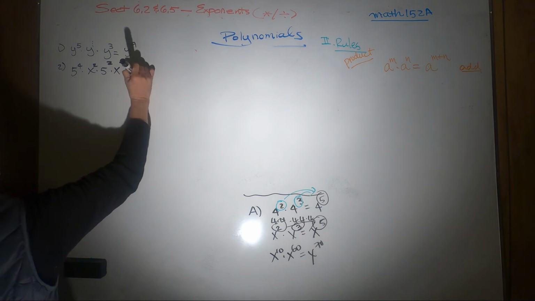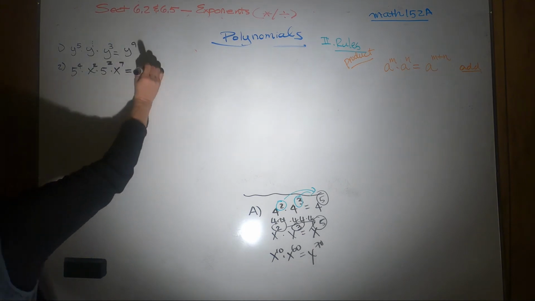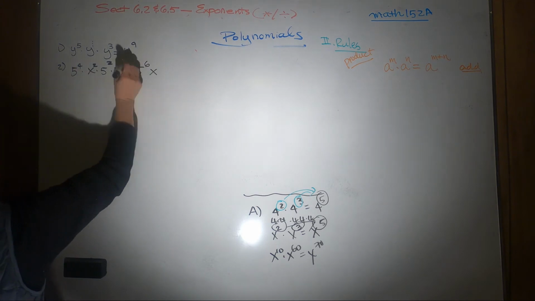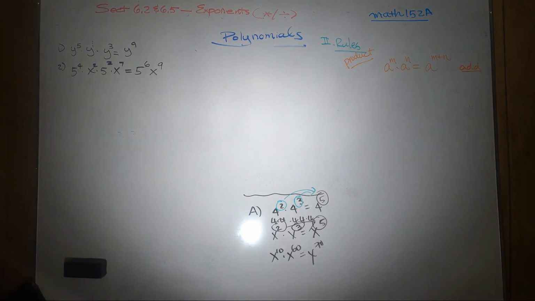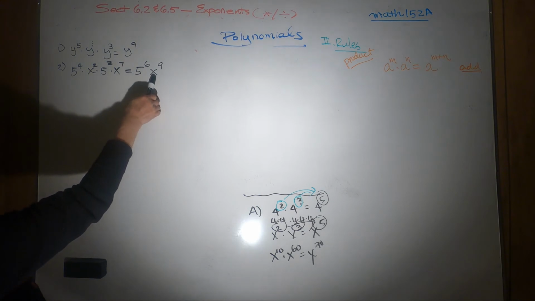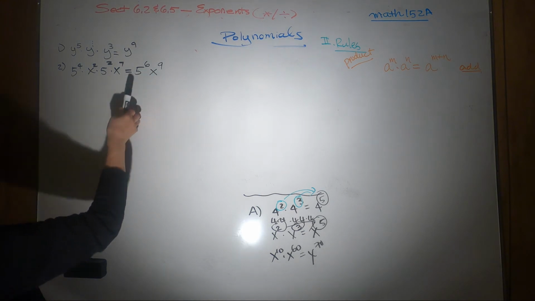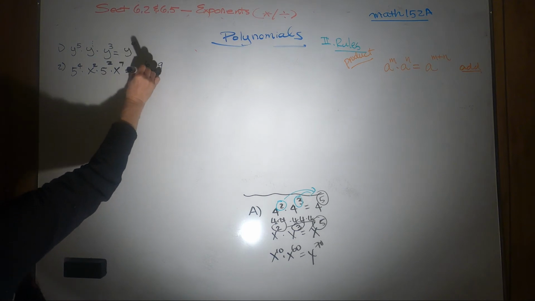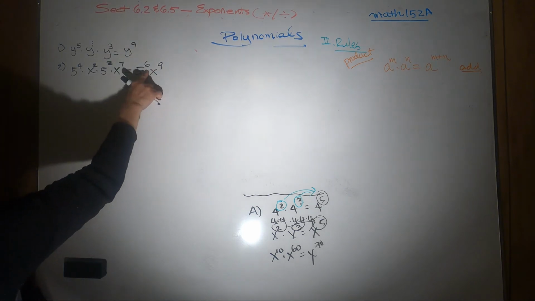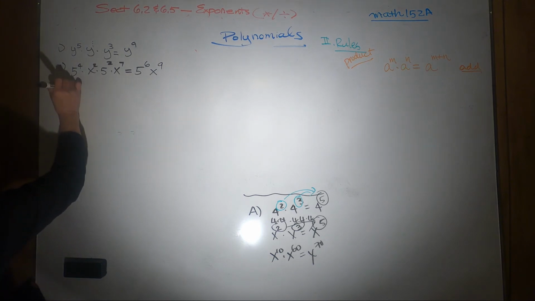Okay, how many 5s you have? 4 and 2, total 6. How many x's you have? 2 and 7, that would be 9. Right? In between numbers and the variables, if nothing in between, it means what? Multiplication.